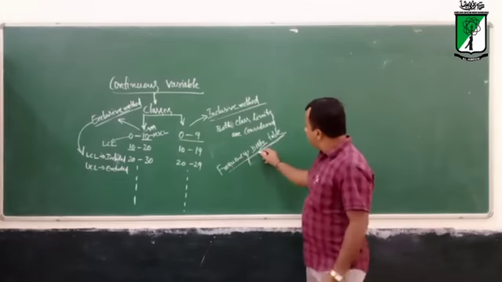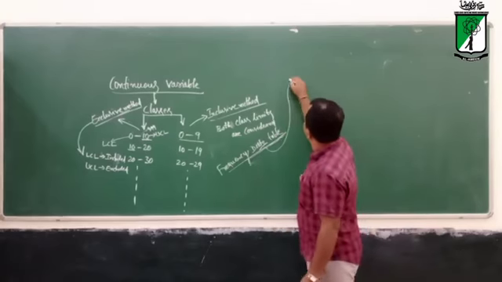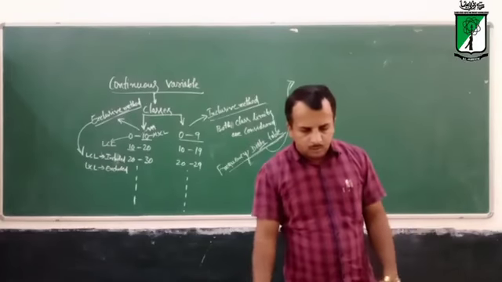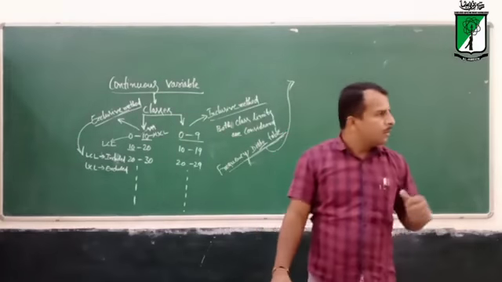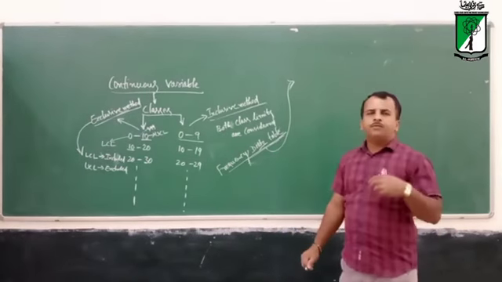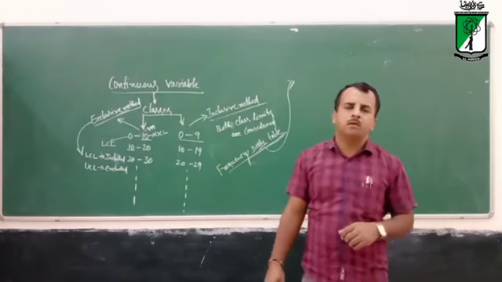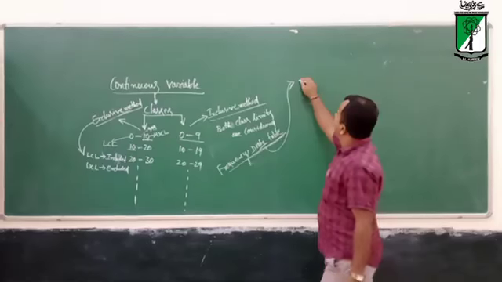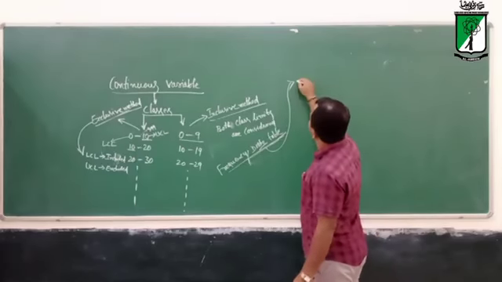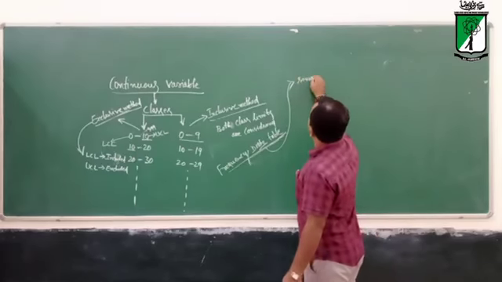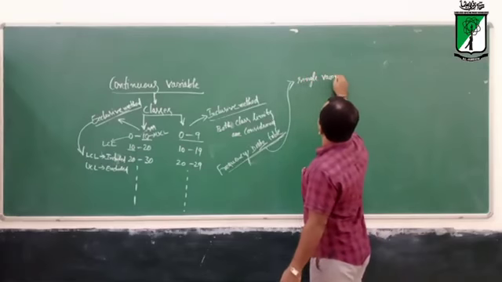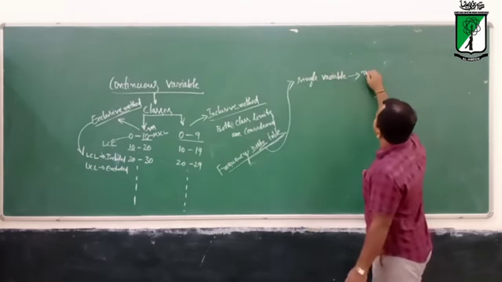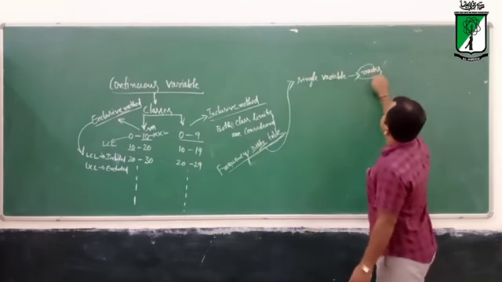Now let me come to the frequency distribution table. Which are the different types of frequency distribution? See, we prepare a frequency distribution table for a single variable also. Single variable, in the sense that, for example, marks of the students.